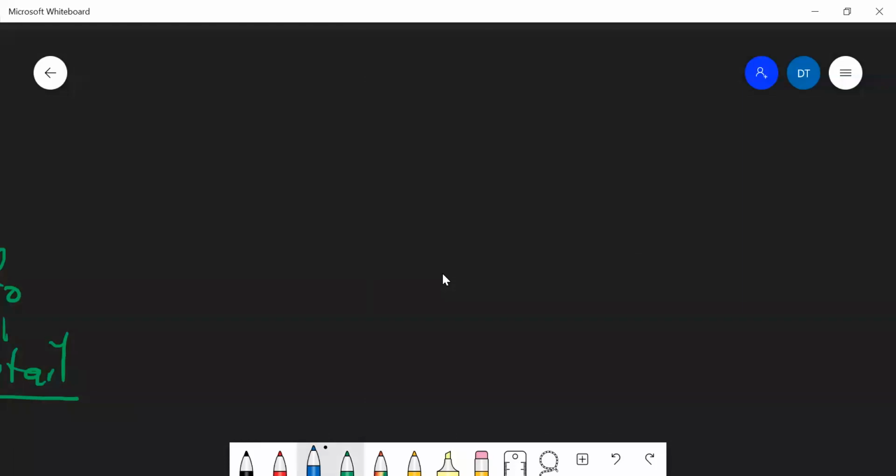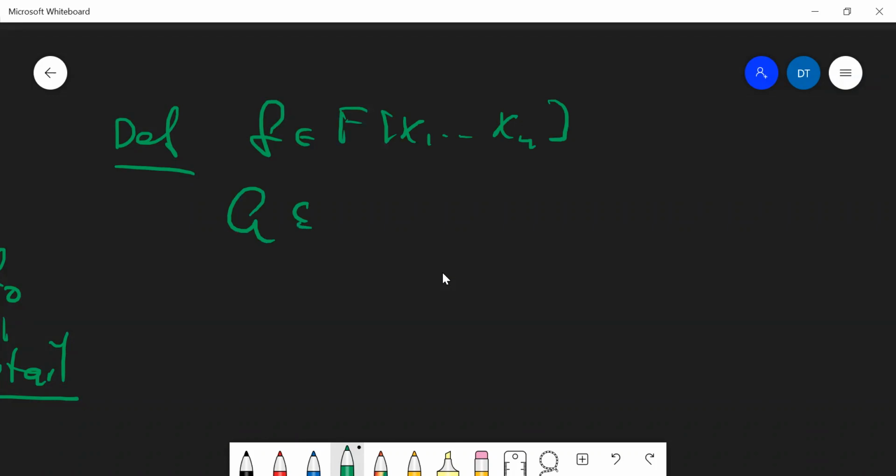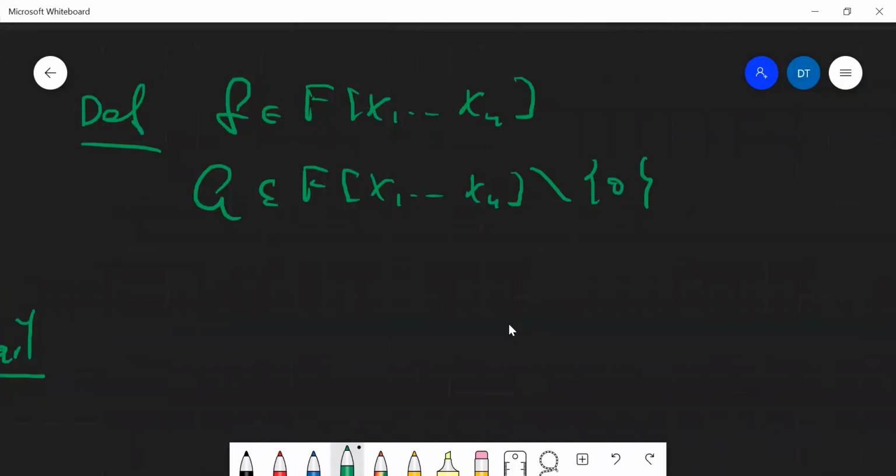So reduction, the definition. Suppose I have a polynomial f and a set of non-zero polynomials. And let's say I have two polynomials, f and f prime.